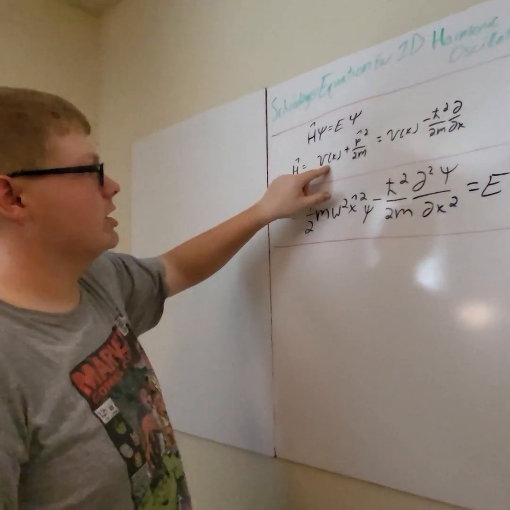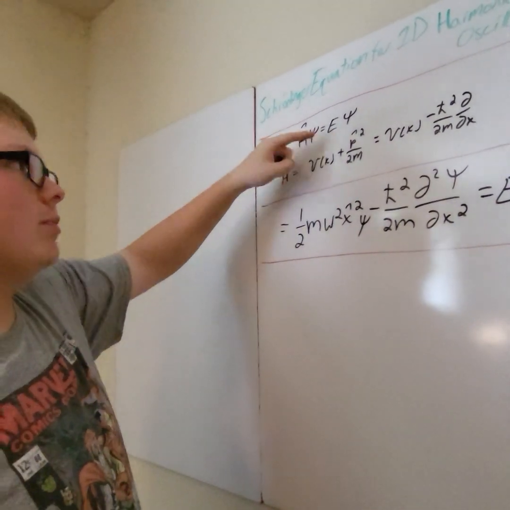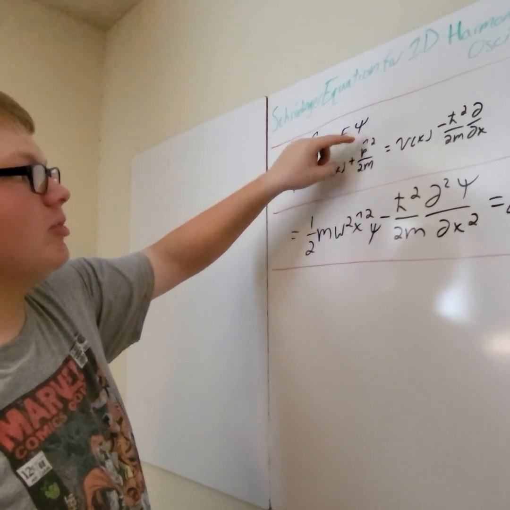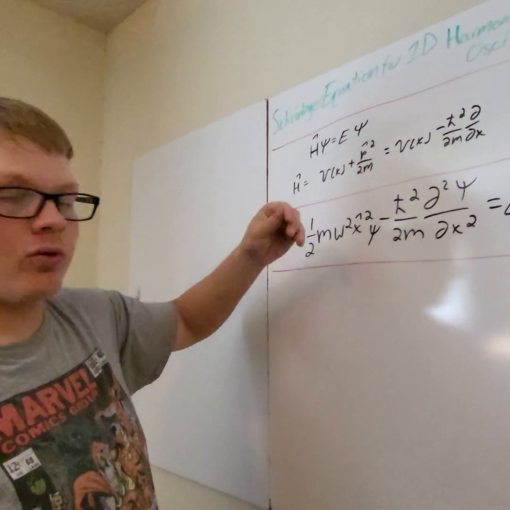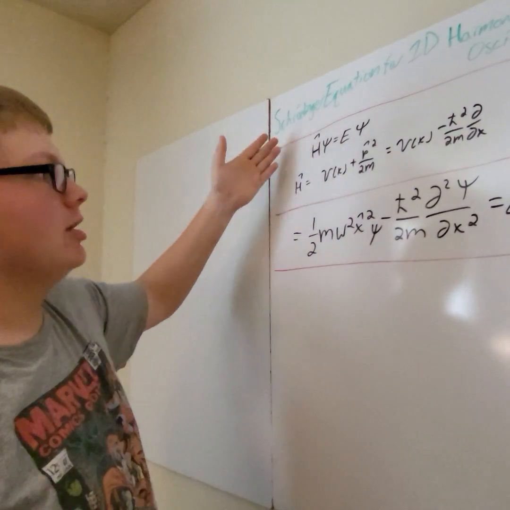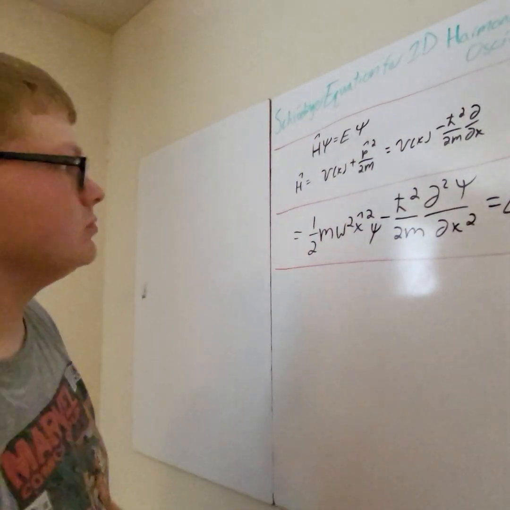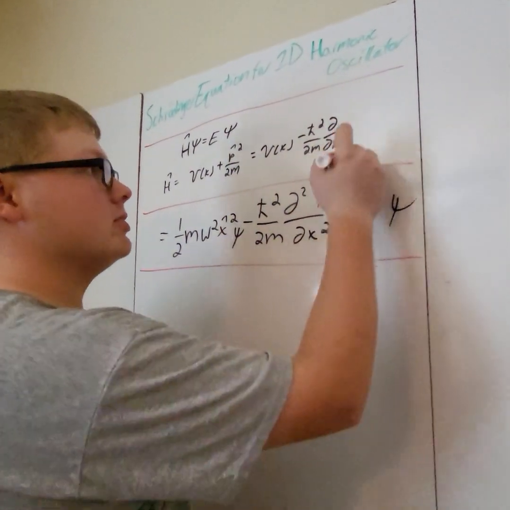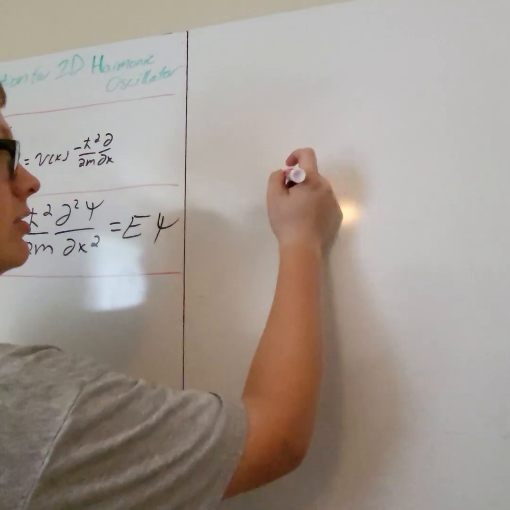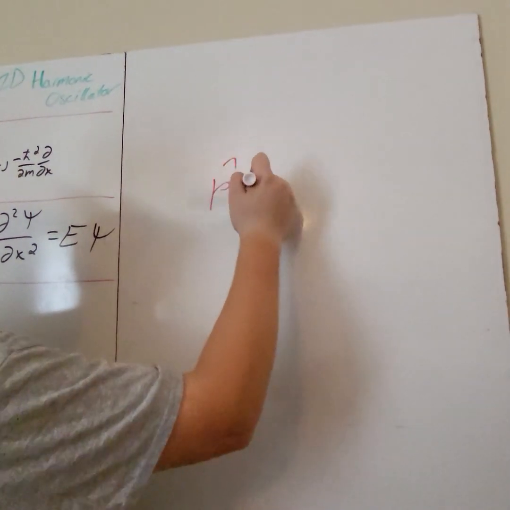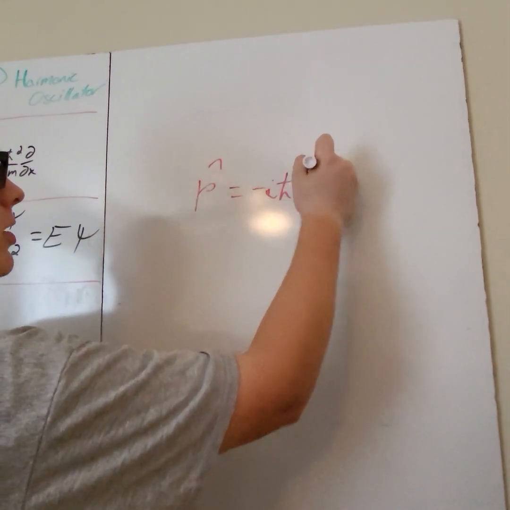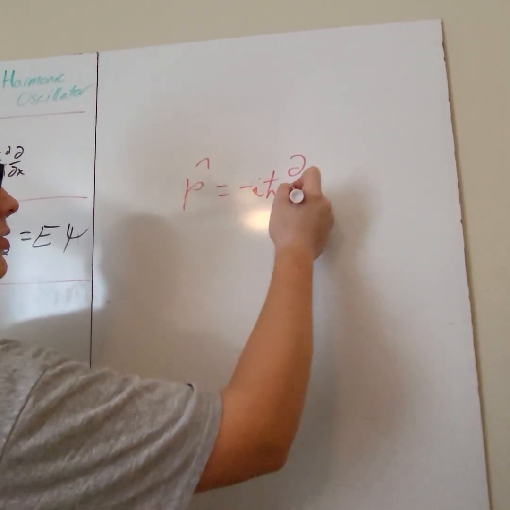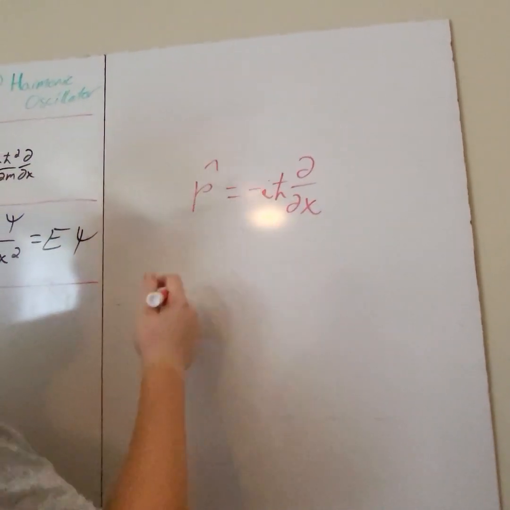Our Hamiltonian operator is defined as the potential energy, which is a function of the position operator, plus the momentum operator squared over 2m. It's basically just a quantized, operator version of the regular classical setup. In our one-dimensional situation, our momentum operator is just negative i h bar times the first derivative with respect to x, which is position.